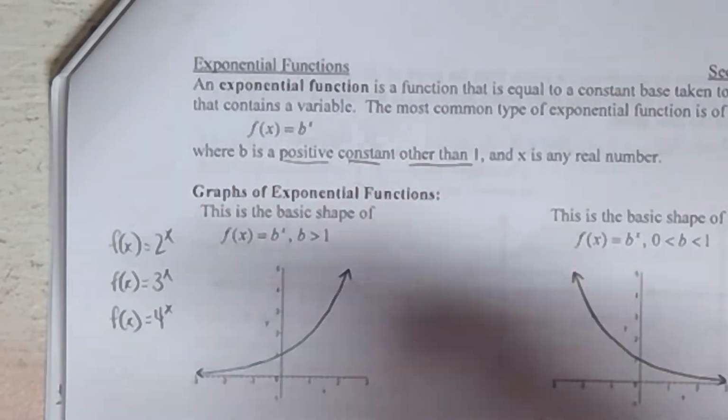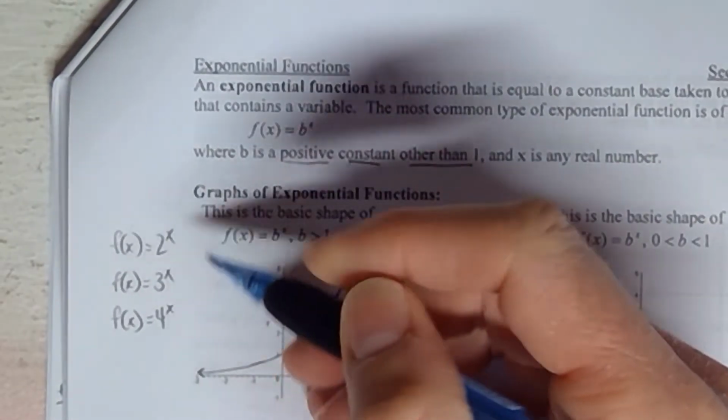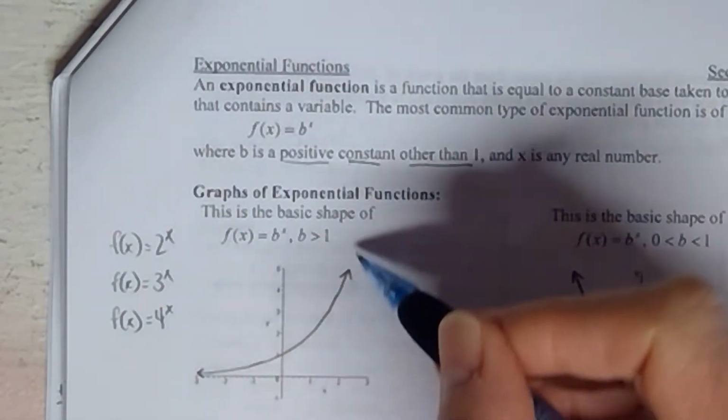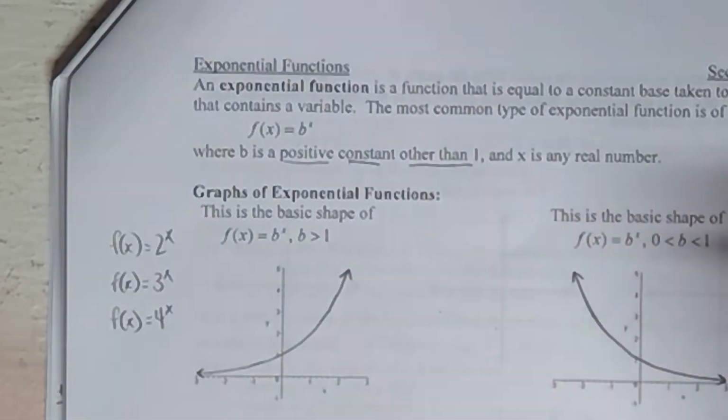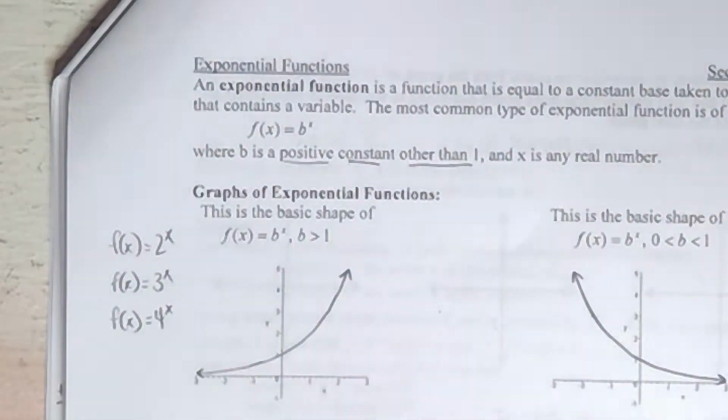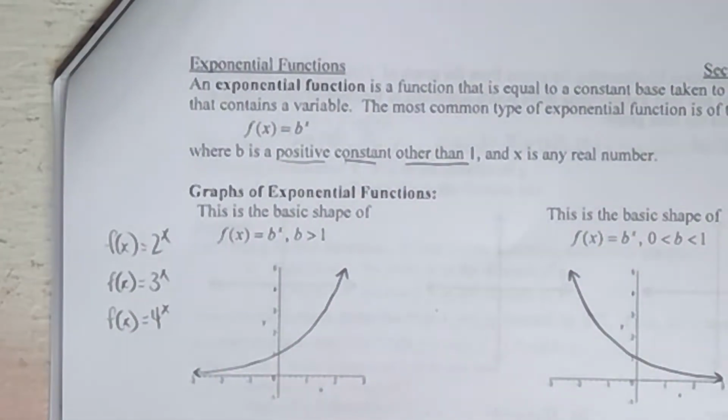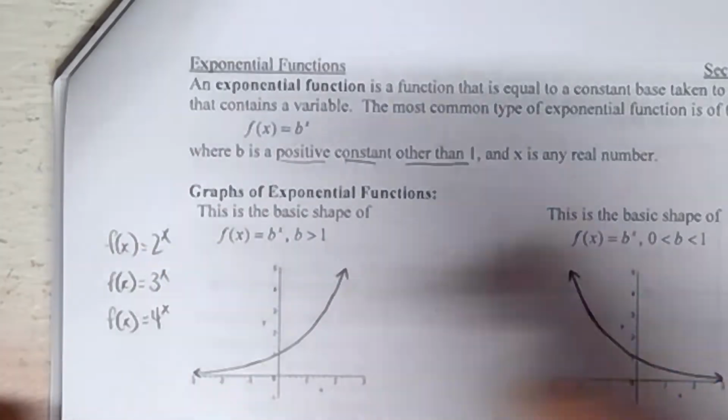Not exactly the same from one graph to the next, but it'll basically have this shape right here, which I like to call a banana shape. It looks kind of like a banana, but also it looks like a skateboard ramp, if you're familiar with that.